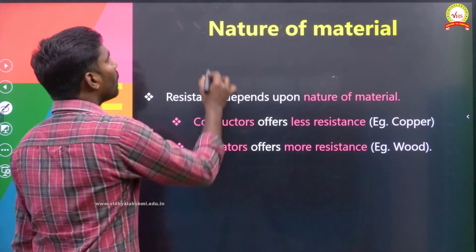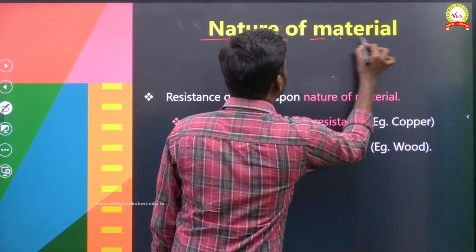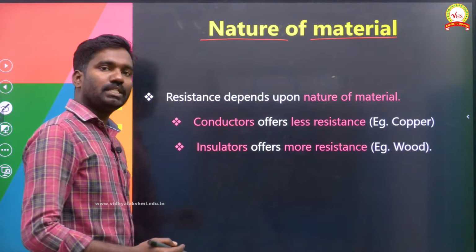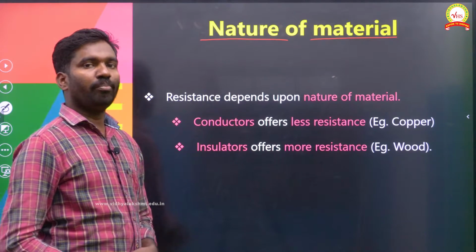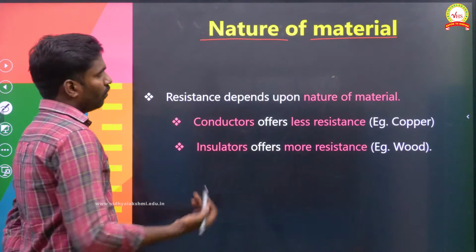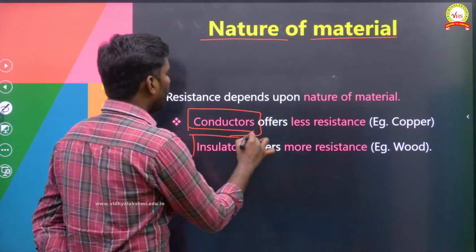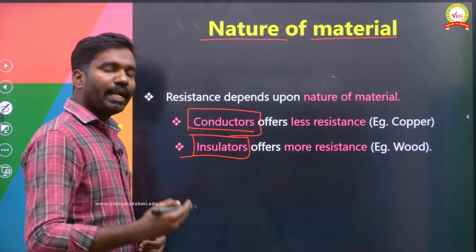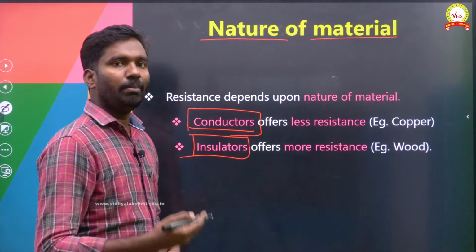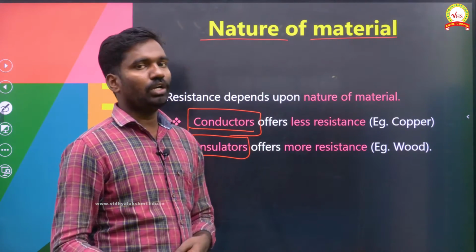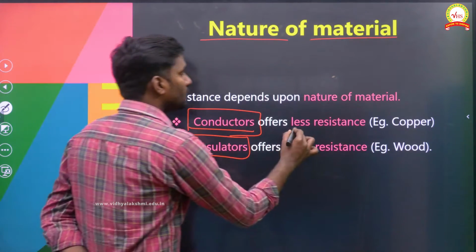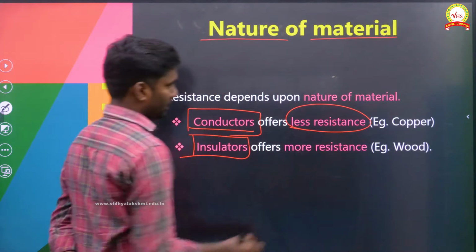The next factor is the nature of the material. Resistance depends upon the nature of the material. So how is it going to depend? For example, if you are taking a conductor and an insulator, both are of different natures, right? Conductors will allow the current to pass through them, whereas an insulator won't allow the current to pass through. Why? Because a conductor offers less resistance.